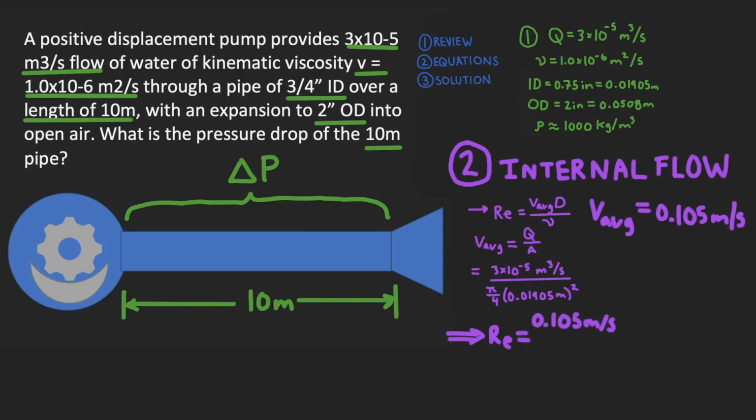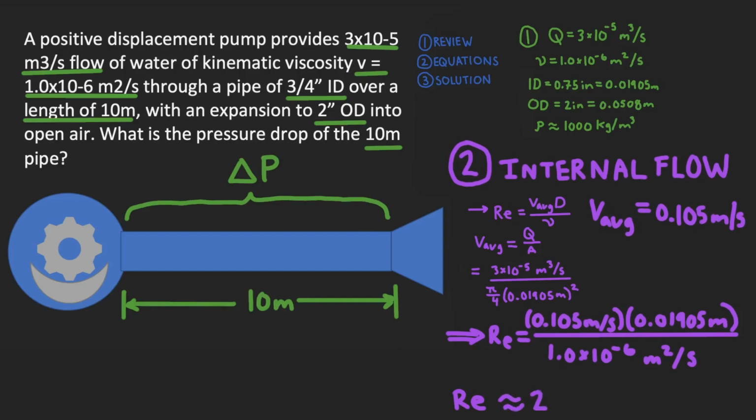Now that we know that, we have everything we need to find our Reynolds number. So plugging everything in, we get a Reynolds number of approximately 2,000. So for a Reynolds number that's less than or equal to 2,300, we're going to have laminar flow. Anything that's greater than or equal to 4,000 is turbulent flow, and anything in between is transitional.